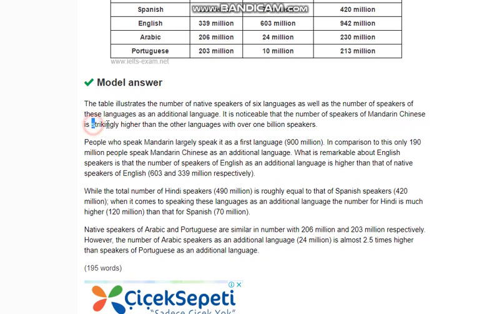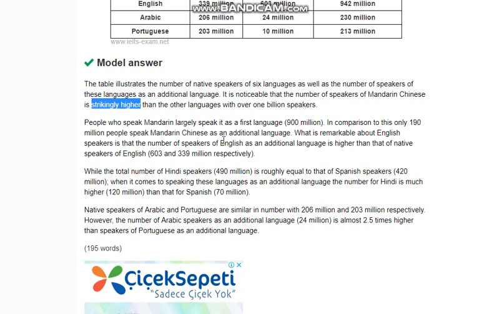Maybe strikingly higher is one of the IELTS writing related words you can emphasize, and you can try to use that in another sentence. And this writing demonstrates that we can use the number in parentheses.